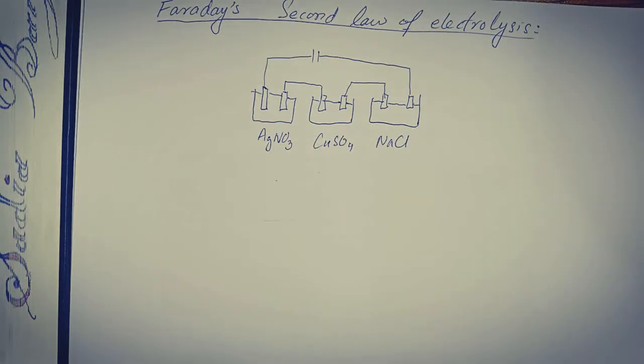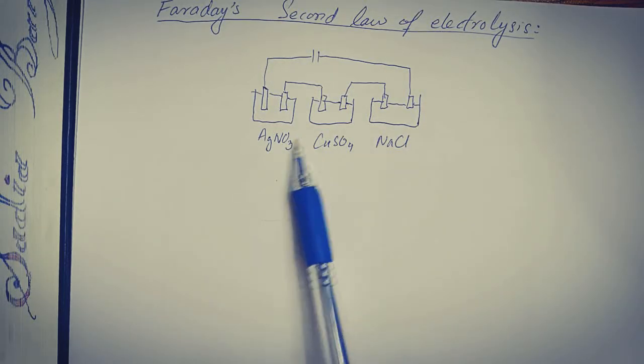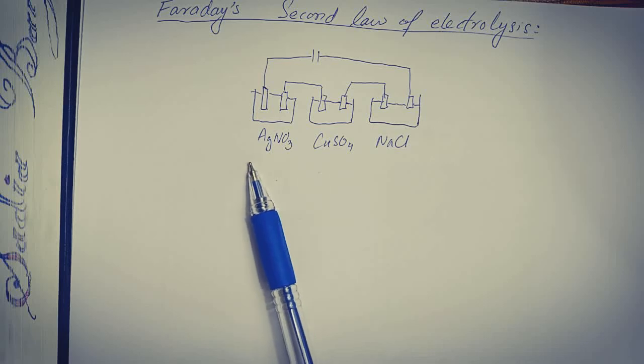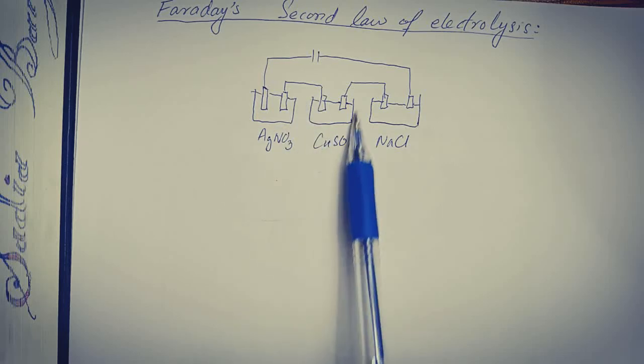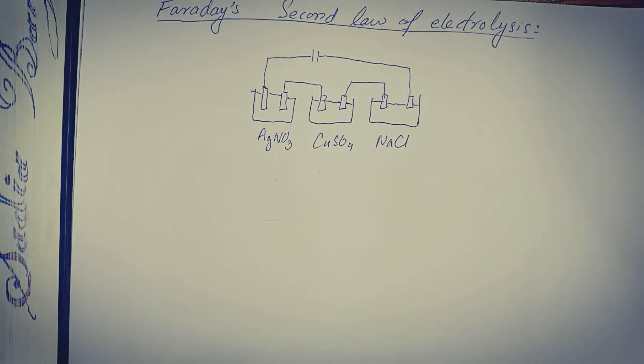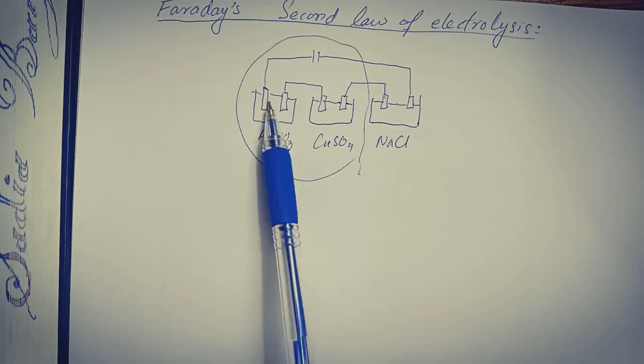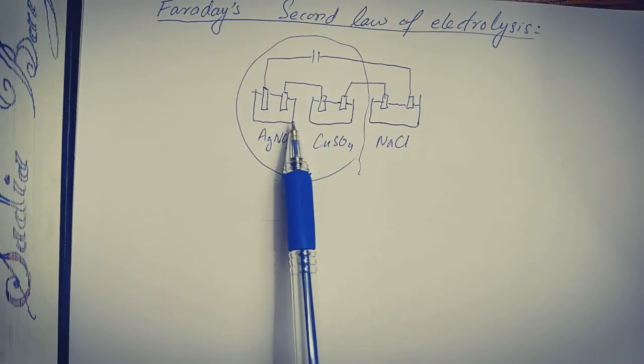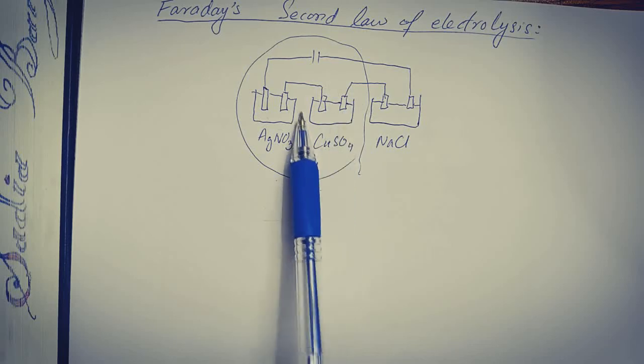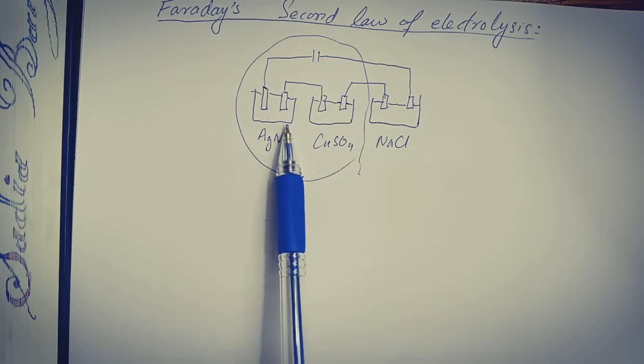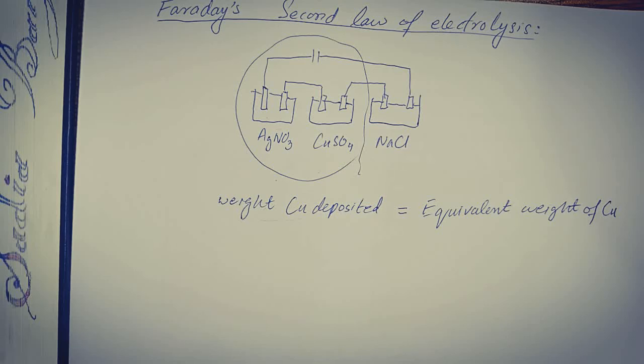In order to understand it, pass the same quantity of electricity through copper sulfate and silver nitrate solutions which are connected in series. So let's take only the 2 electrolytes connected through a series connection, and when the same quantity of electricity is passed through the 2 solutions, the weight of copper deposited is equal to the equivalent weight of copper.